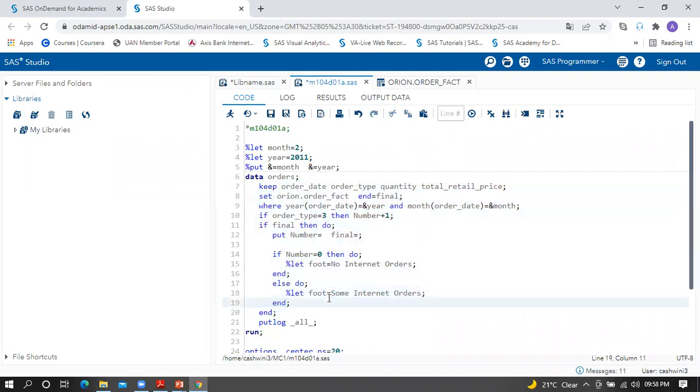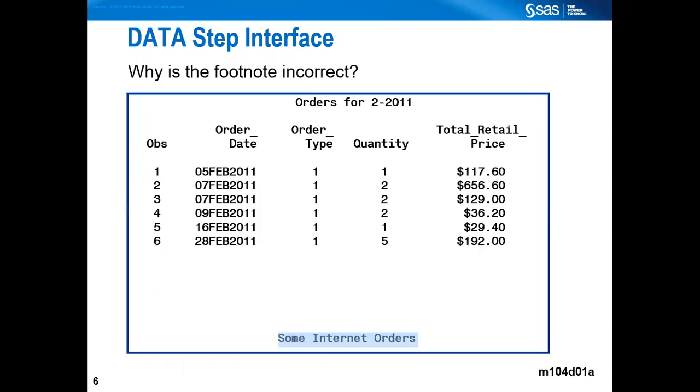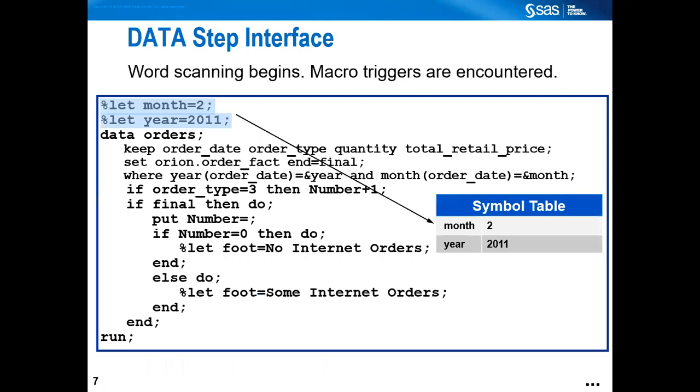So in this case, you'll get to see how one can dynamically create the macro variable depending on your data value, and that is where you'll get introduced to Symputx. When you're writing a data step, the word scanner begins, macro triggers are encountered, and macro variables are created.